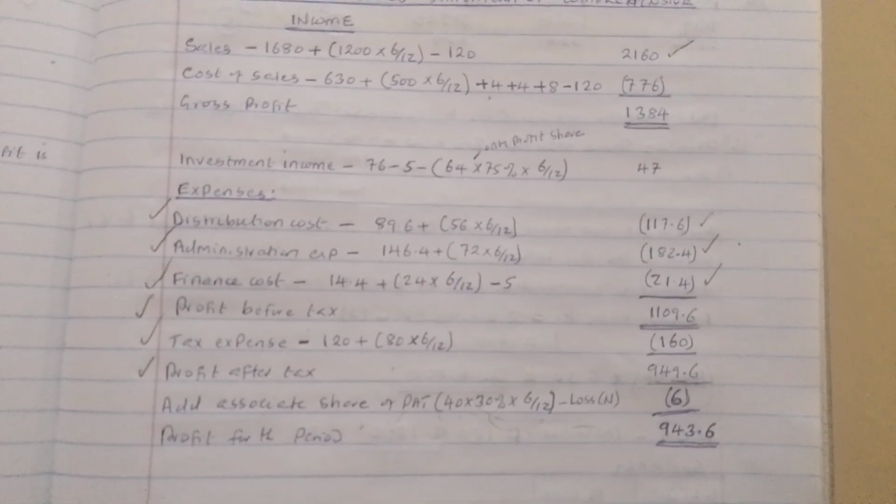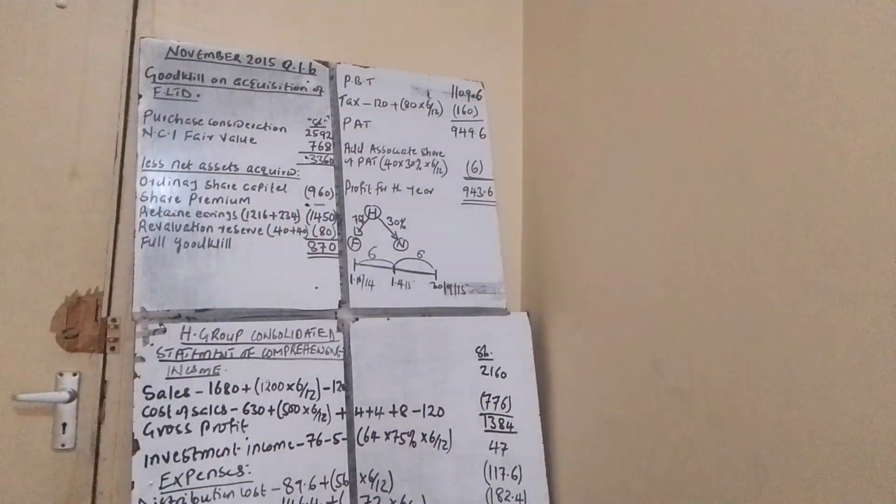Then you minus 120. So why are we minusing 120? We are minusing 120 because we made sales to a group member and we can't make sales to ourselves. You can't make a sale to yourself. So you minus that particular 120, the entire figure.